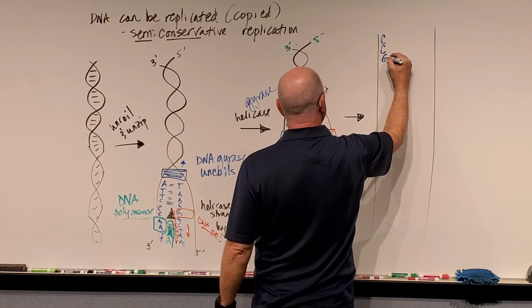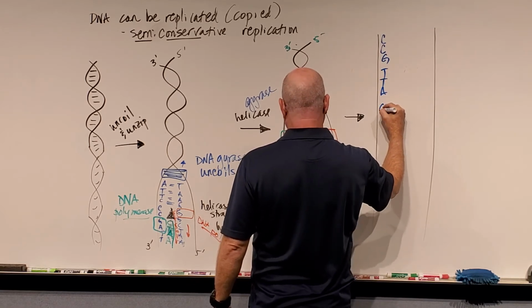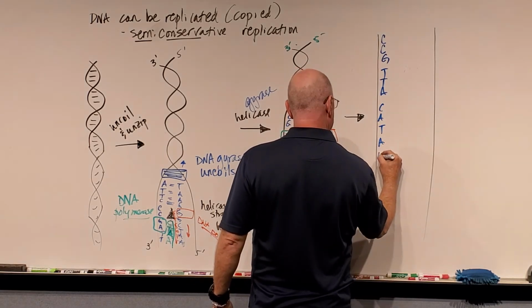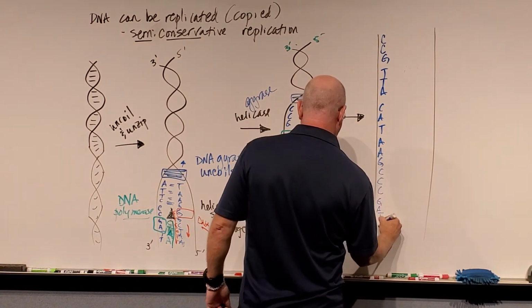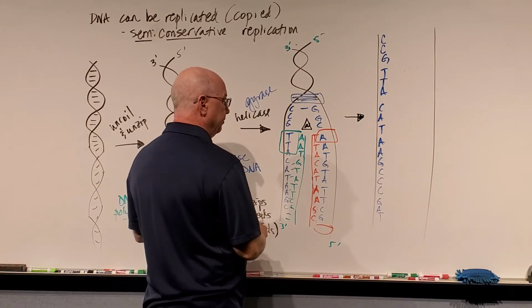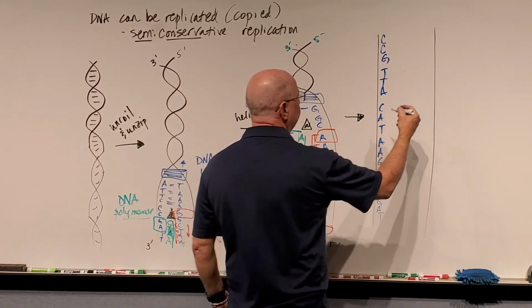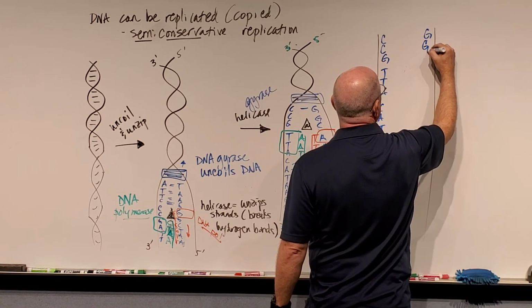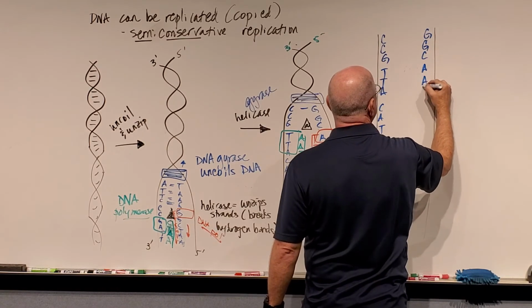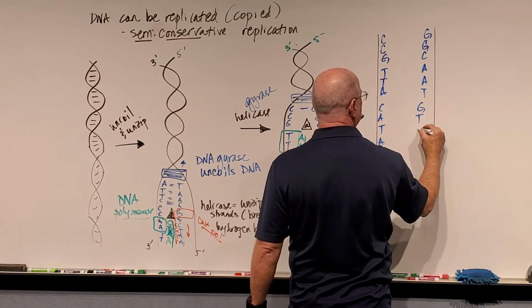If it was CCG, TTA, CAT, AAG, CCC, GAT. I'm just going to add some more bases to the end here. And my other original strand then obviously had this, GGC, AAT. I'm simply using the base pairing rule.